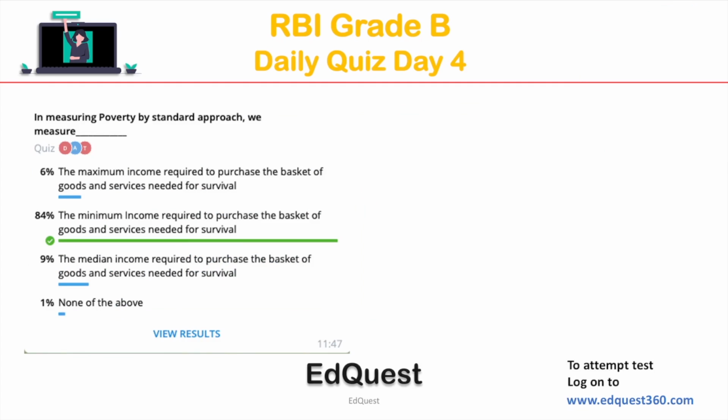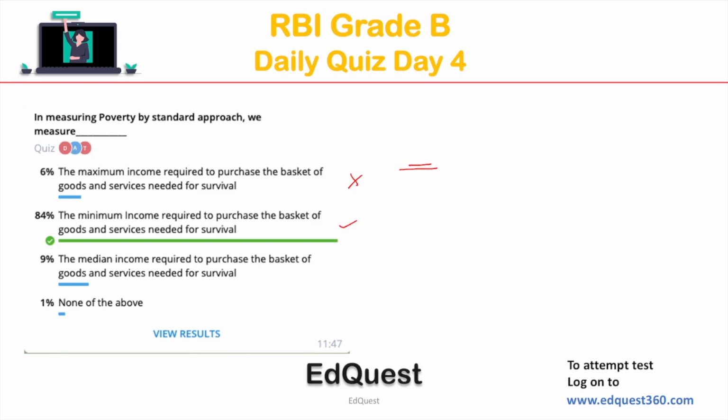Coming to the third question, in measuring poverty by the standard approach, we measure... This was the easiest question for the day, must do the right one in the exam. So it is always the minimum income required to purchase the basket of goods and services needed for survival. It cannot be maximum income because it will be difficult to set a definition for maximum income.